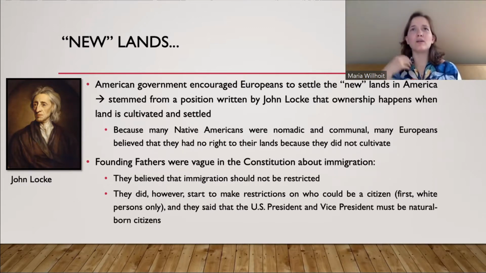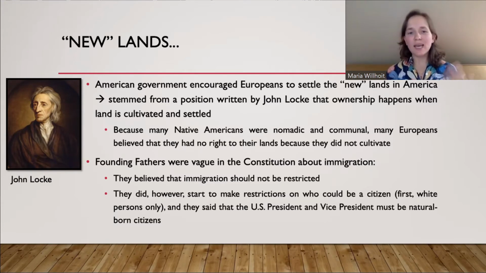He advocated the view that the new lands needed to be cultivated, controlled and owned by Europeans, because only Europeans really understood ownership. To have actual ownership of land, to claim that a land is yours, you have to cultivate it and settle it. That was John Locke's definition of ownership.